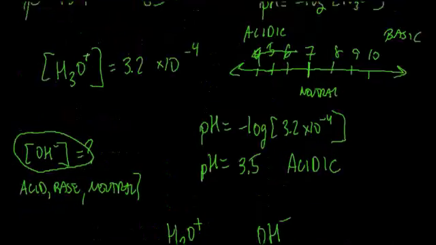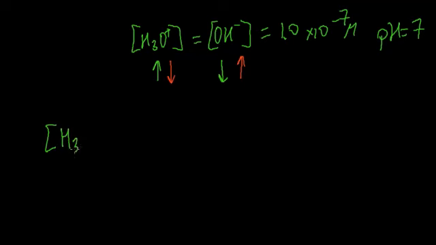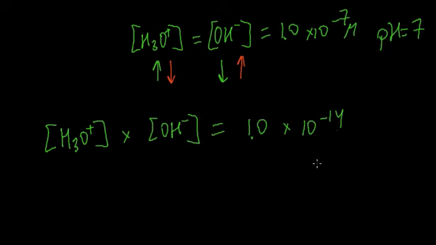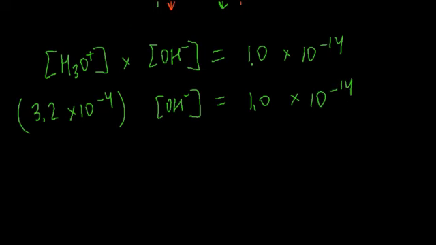So let's go back to that middle question. What's the OH concentration if this is 3.2 times 10 to the minus 4th? All right, so let's scroll back down and write what we know. H3O plus, the hydronium ion, multiplied by the hydroxide ion concentration must be 1.0 times 10 to the minus 14. But we already said that this is 3.2 times 10 to the minus 4th. So we're going to need to get the OH concentration by itself.